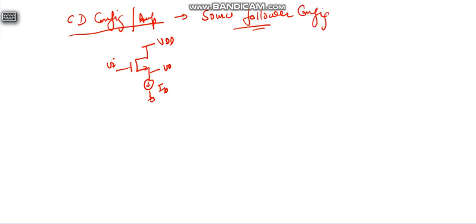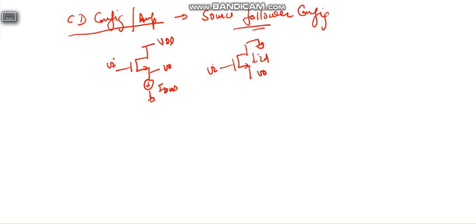Okay, so let's draw its small signal model. So this is Vi, this is Vo, this is ground. Now we have removed IB, the bias current, because an ideal current source has infinite resistance. So now here ID current will flow.